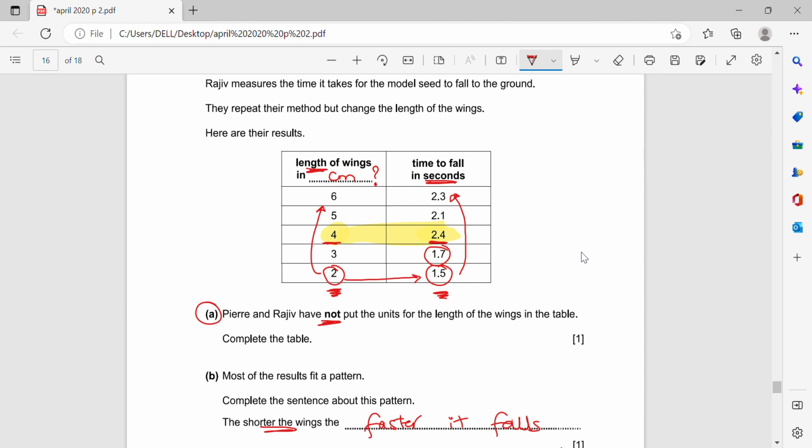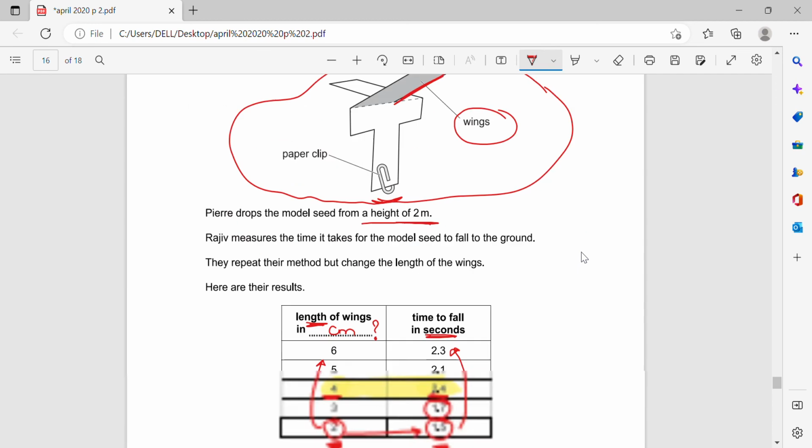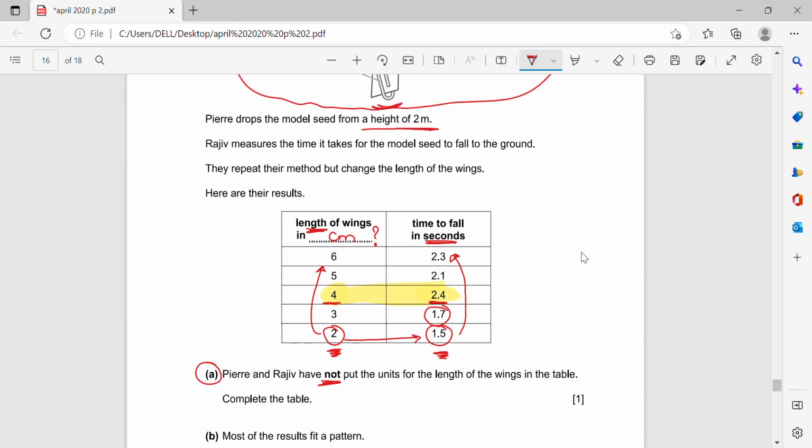What other factors could they change regarding this model? We said the length of the wings was changed. They could change the material of the model seed. What else could they change? The length of the drop. Okay, they could change the length of the seed. Okay. What else? The number of paper clips.